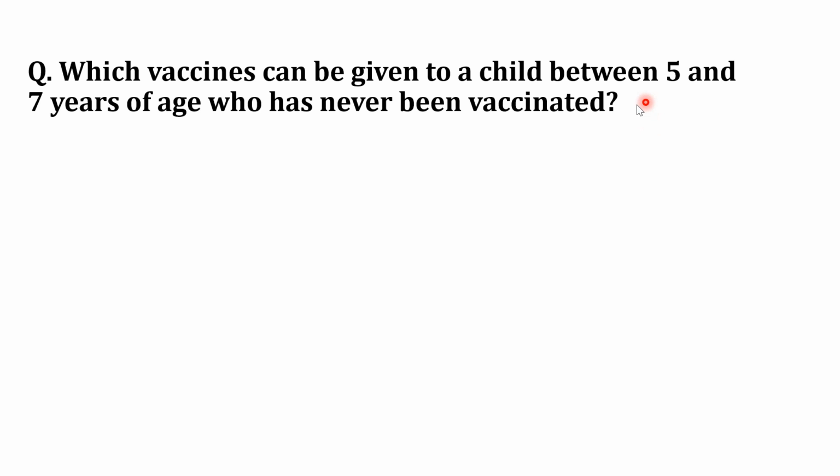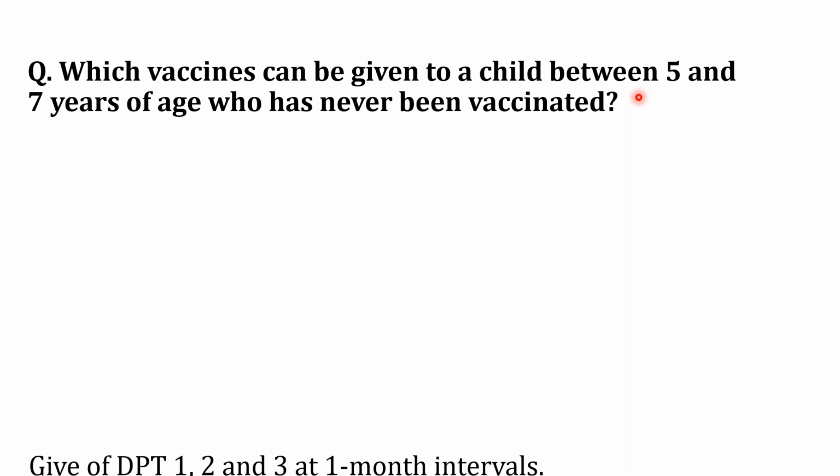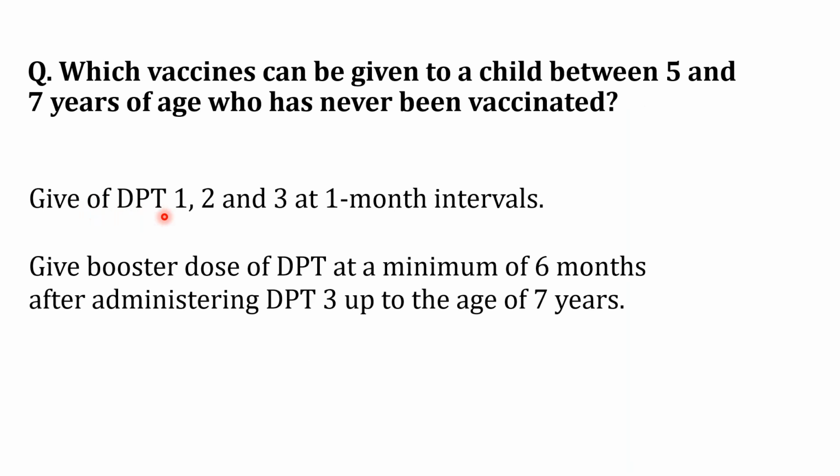So Swati and Pushkal feel DPT. Okay. So for a 6-year-old child who has never been vaccinated, we can basically give DPT 1, 2, and 3 at 1 month intervals. And the booster dose of DPT can be given at a minimum of 6 months after administering DPT-3, up to the age of 7 years. Right?